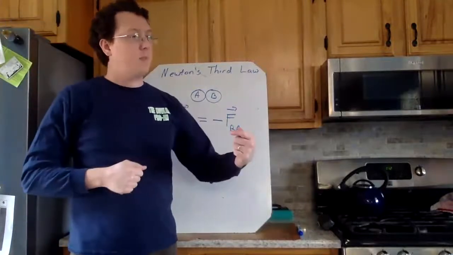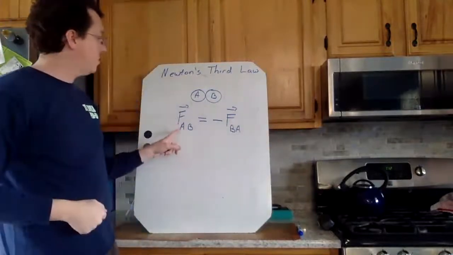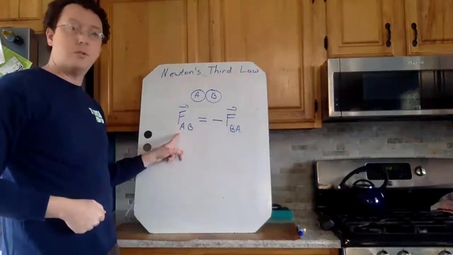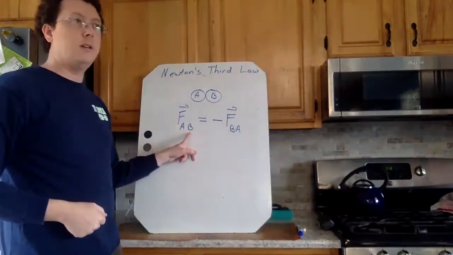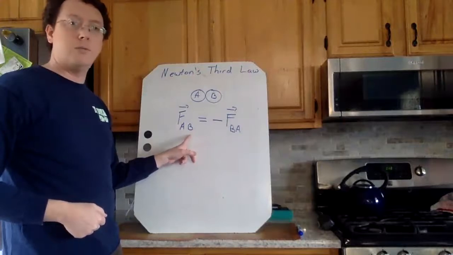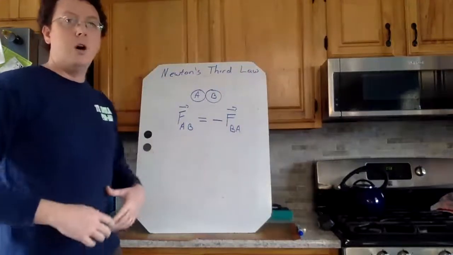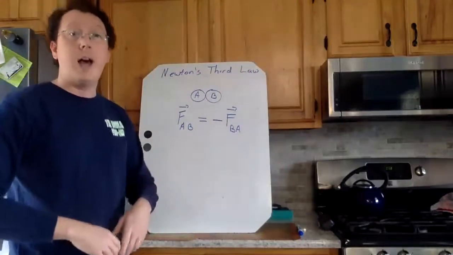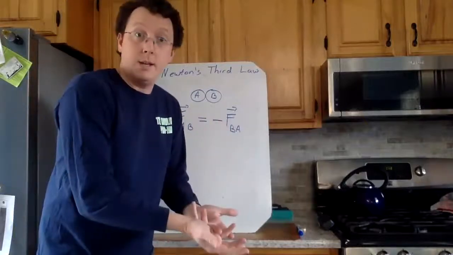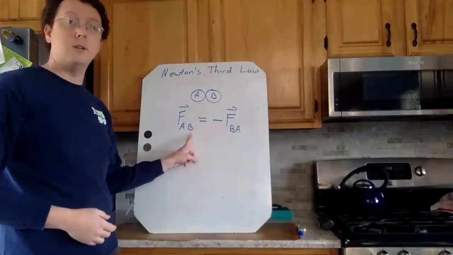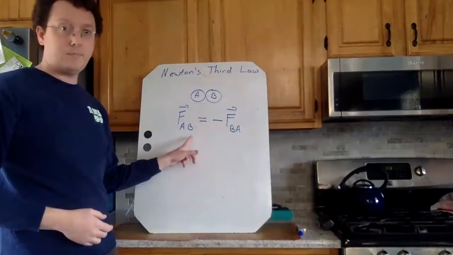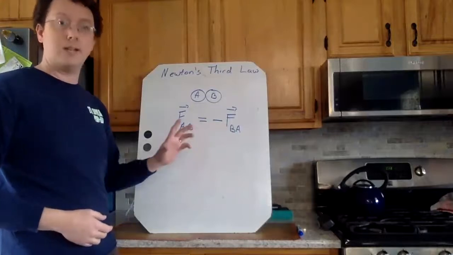The key is the first label is the source, and the second label is the observer, the one who feels the force. So if it says the force blah blah blah acts on something, then that must be the observer. That's the one who experiences the force. And so that's going to be the key to answering the Sapling question.